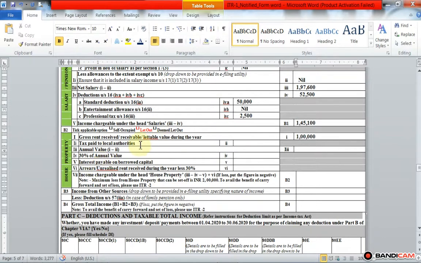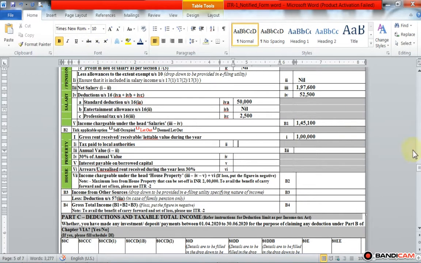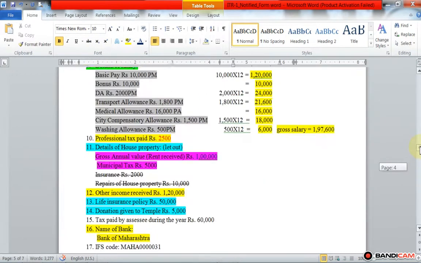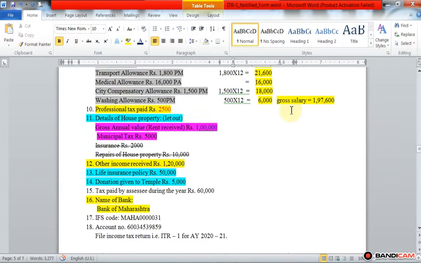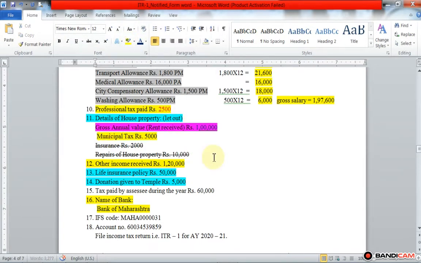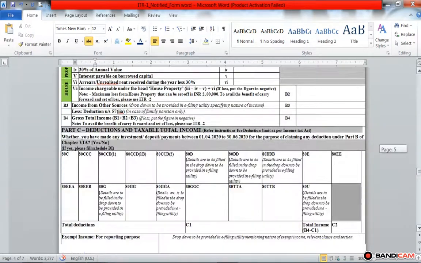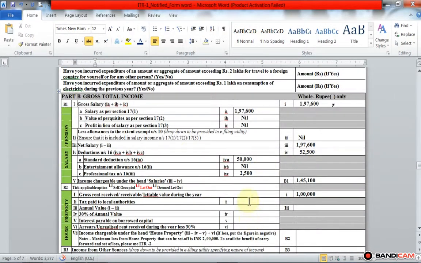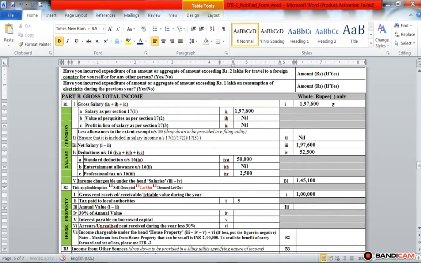Then we deduct municipal tax. Municipal tax paid is given in the details. The municipal tax paid by the assessee is rupees 5,000, so here put 5,000.